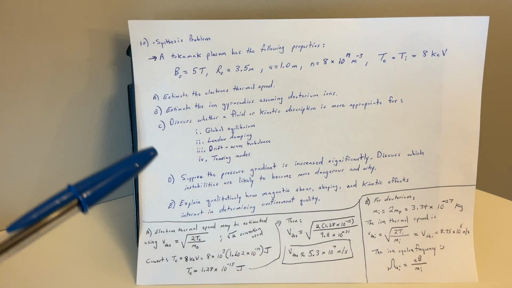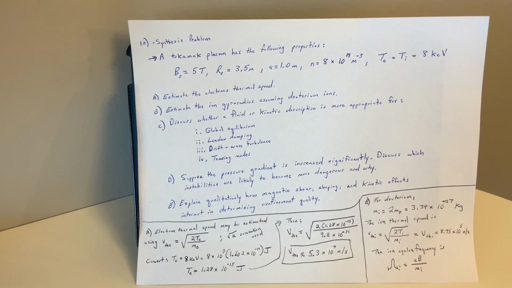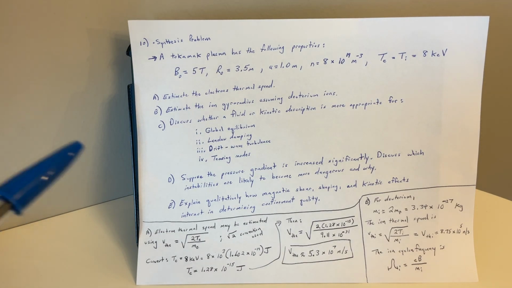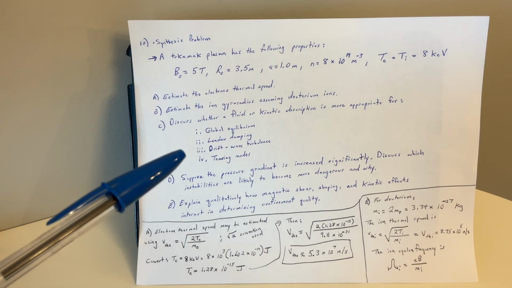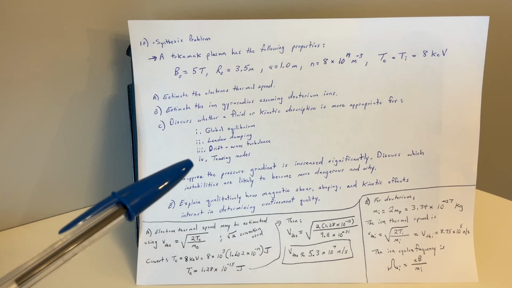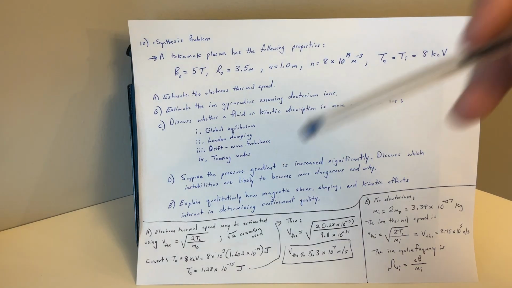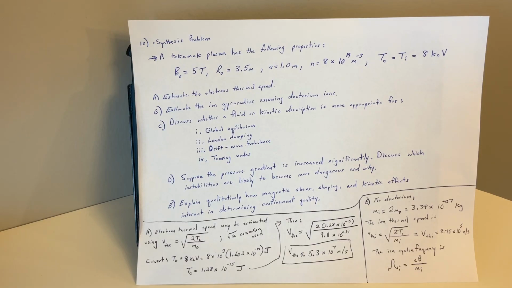Now, letter C, they want us to discuss whether a fluid or kinetic description is more appropriate for 1, global equilibrium, 2, Landau damping, 3, drift wave turbulence, 4, tearing modes. C, D, and E are canonical, and we can refer back to D and E of this page when we get to them.